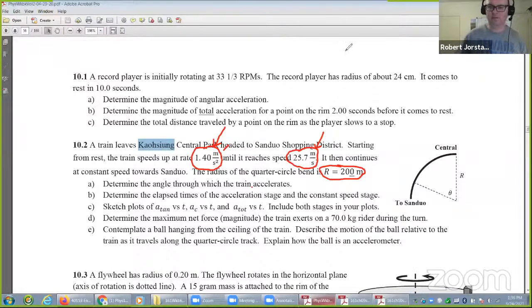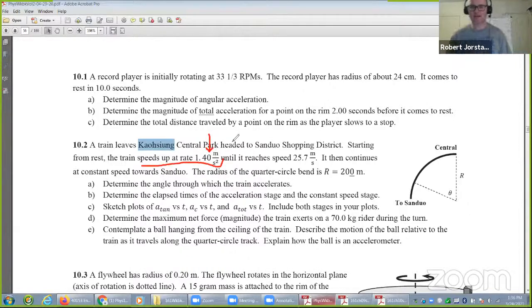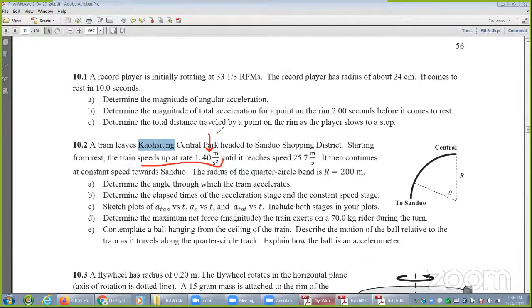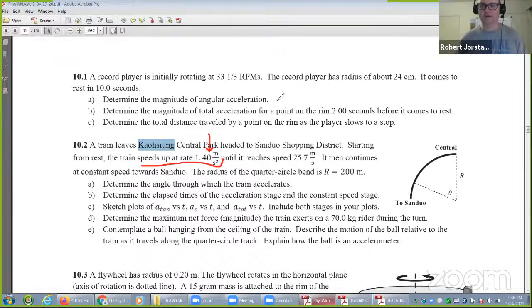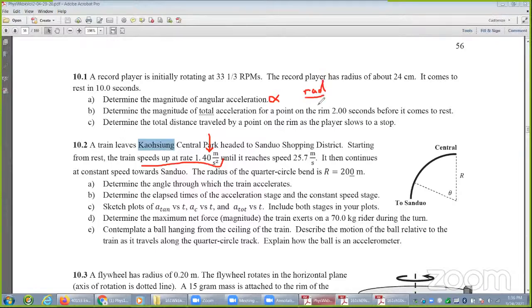Okay, now what are these parameters I gave you? It says the train speeds up at this rate. What is that? Is it alpha? Is it omega? Is it S? Is it theta? It's not alpha. Alpha has units of radians per second squared. So it's just acceleration.